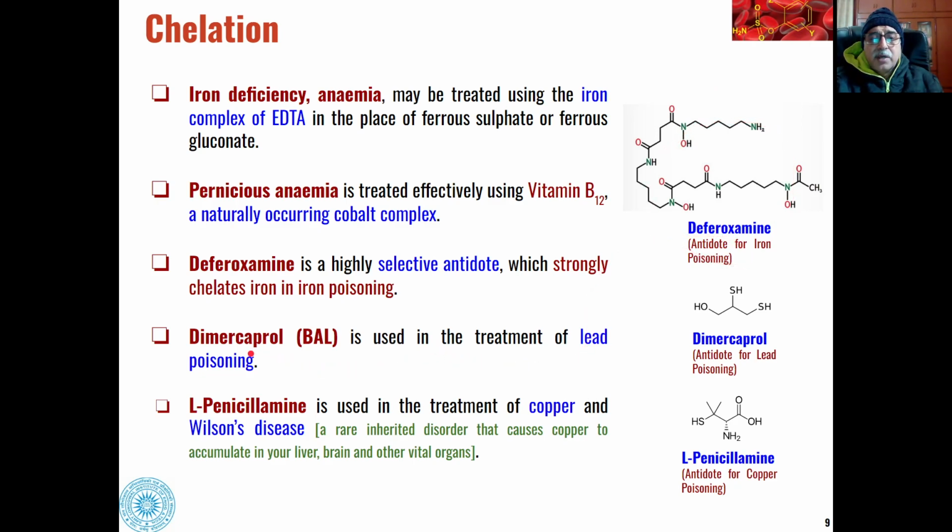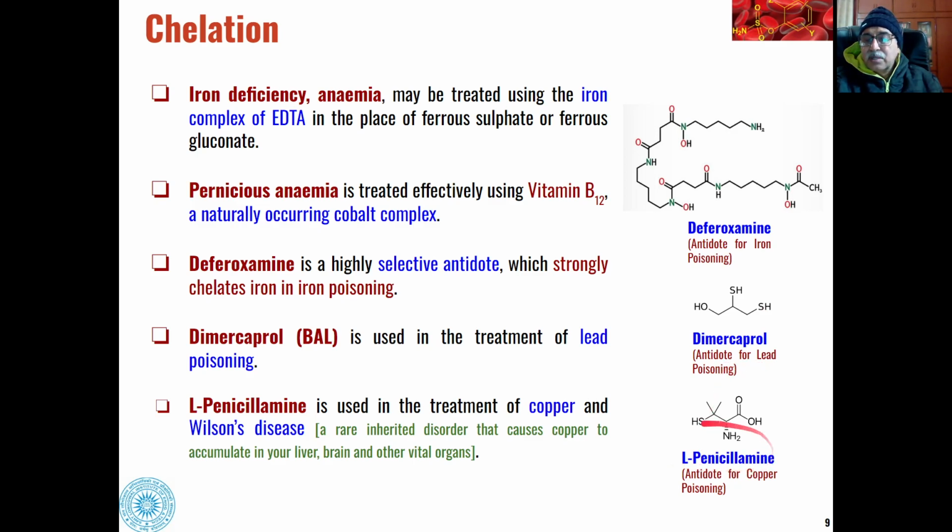Then dimercaprol is used for the treatment of lead poisoning. You can see the structure of dimercaprol, and because of the presence of these hydroxyl and thiol groups, they can easily coordinate with lead, so this can act as an antidote for lead poisoning.